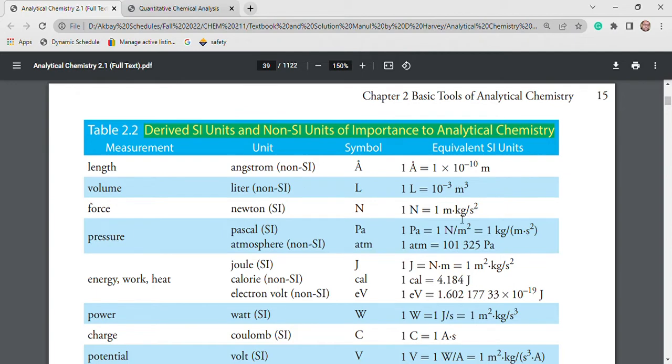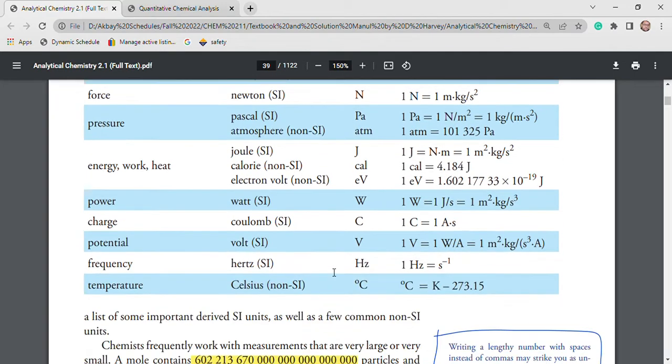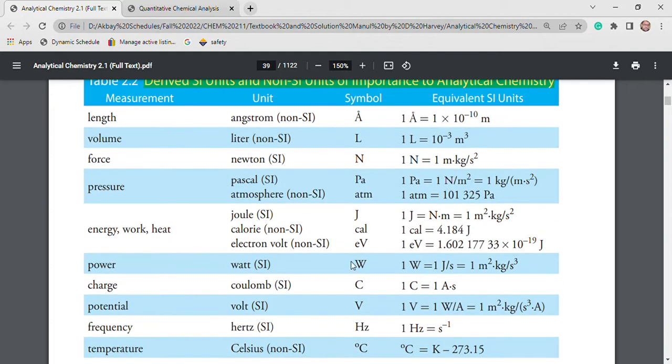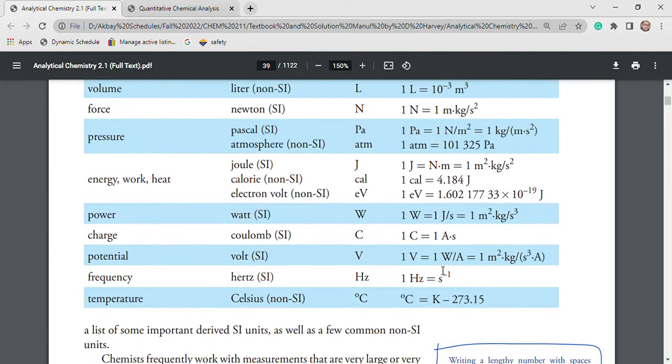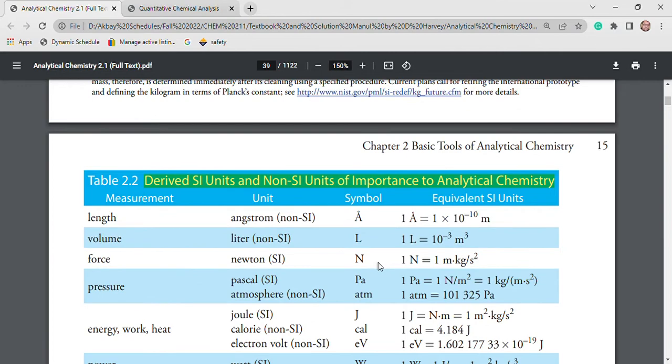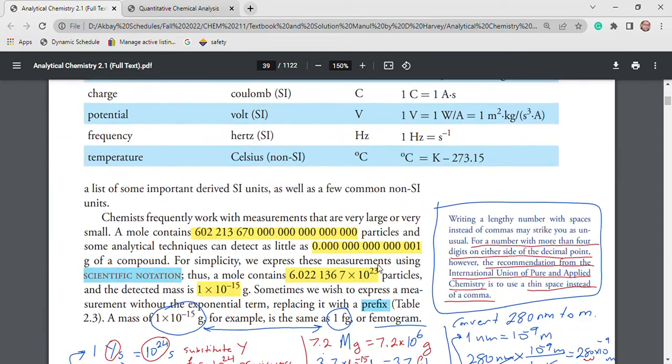The force is meter times kilogram divided by second squared, and so on. And joules. So you get a combination of several base units, and you come up with a unique derived unit.